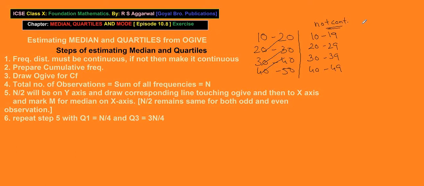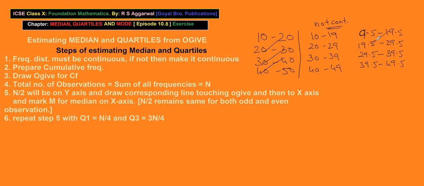For making it continuous, you have to subtract 0.5 from the lower limit and add 0.5 to the upper limit. So if you subtract 0.5 from the lower limit, it becomes 9.5, 19.5, 19.5, 29.5, 29.5, 39.5, 39.5, 49.5.